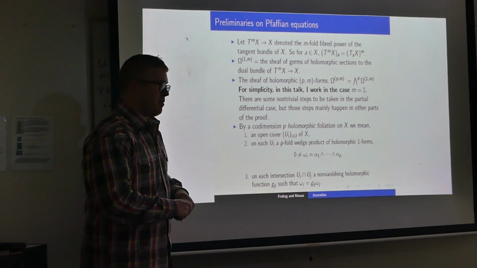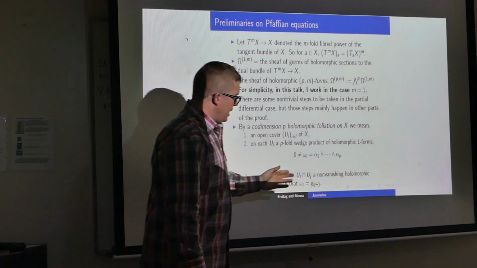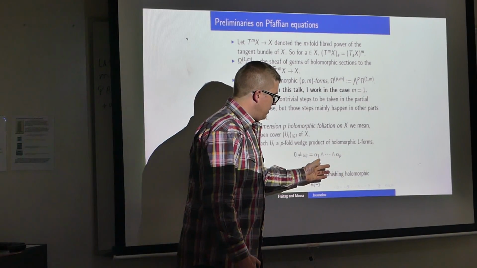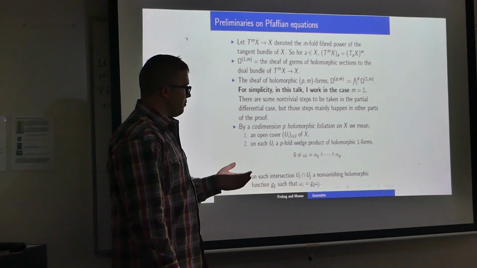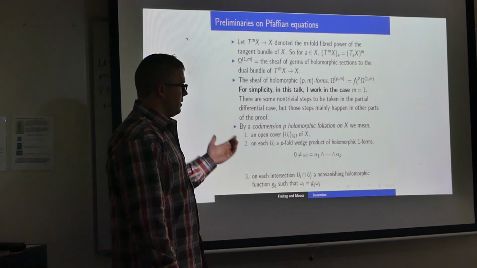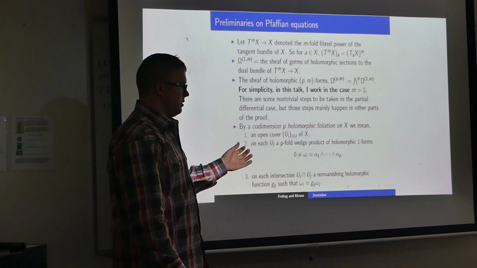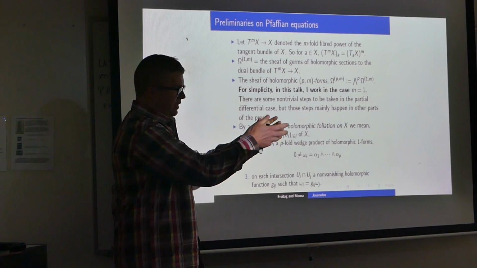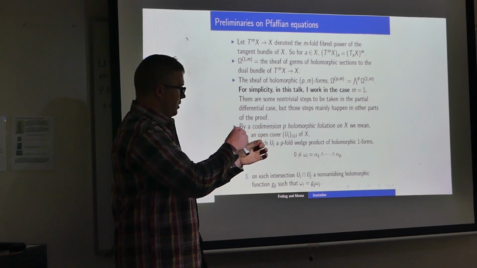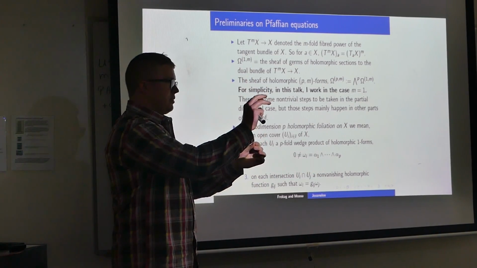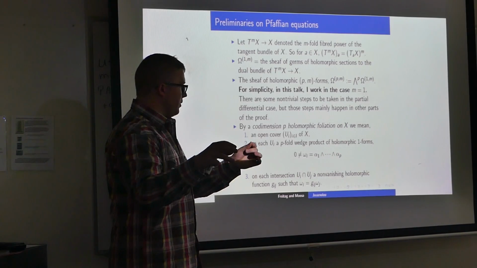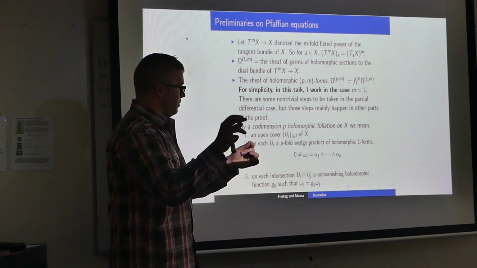And the information that I'm thinking about encoding here is the common kernel of these differential forms. Remember, each differential form is a linear map from the tangent bundle. Let's fix a point. Each of these is a linear map from the tangent space at that point to the field, F^1 space if you like.